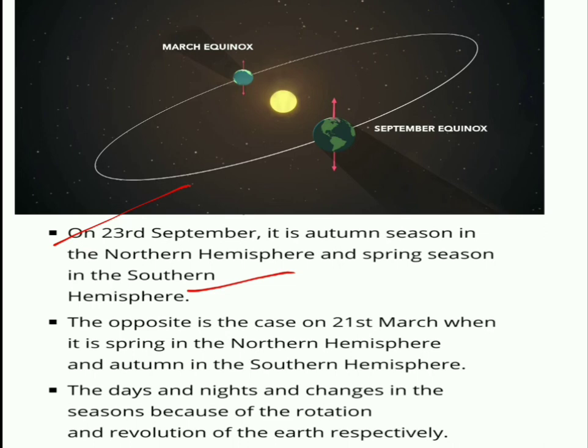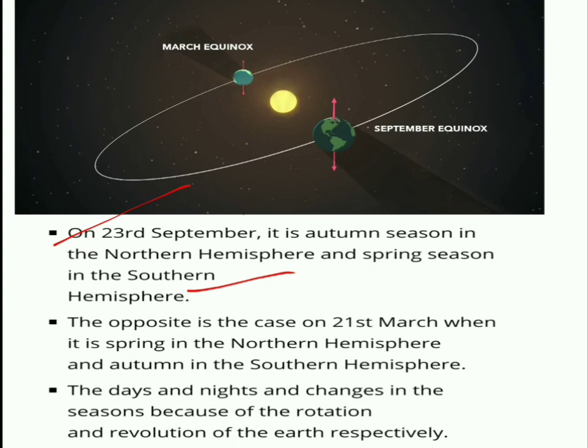The opposite is the case on 21st March, when it is spring in the northern hemisphere and autumn in the southern hemisphere.